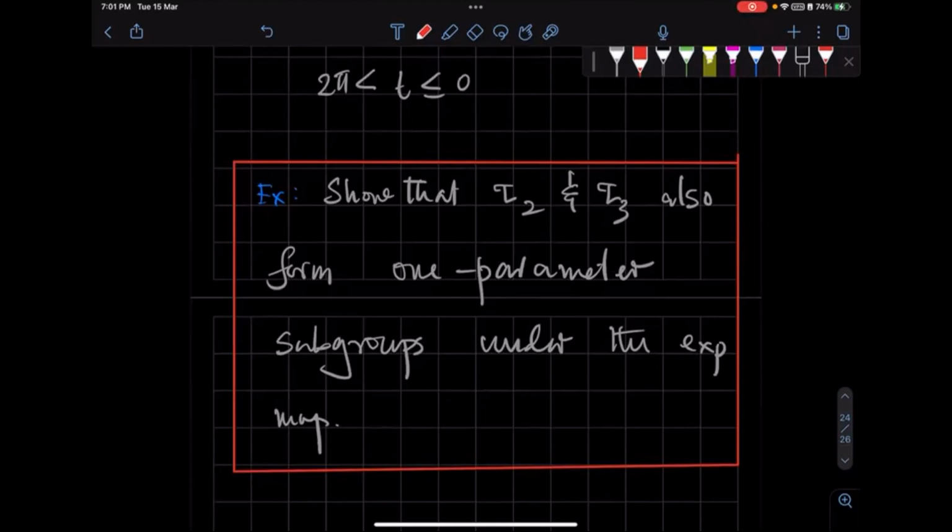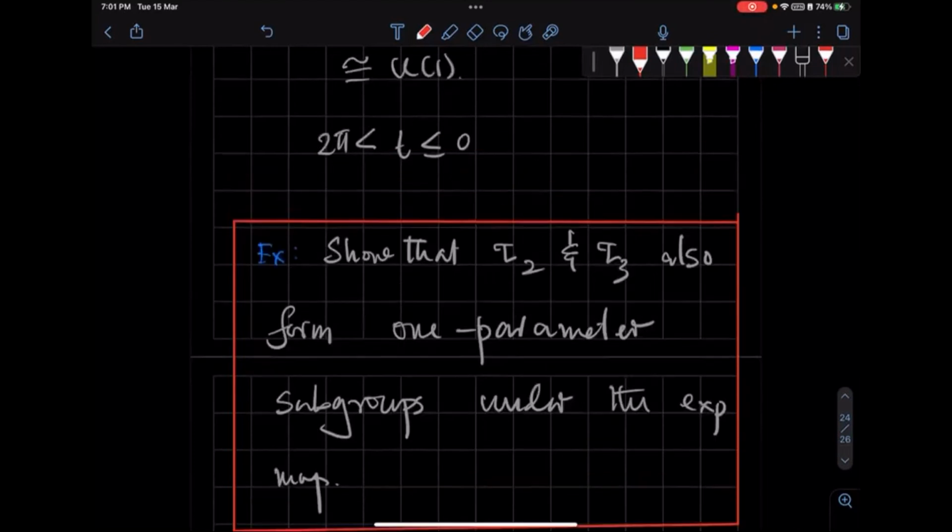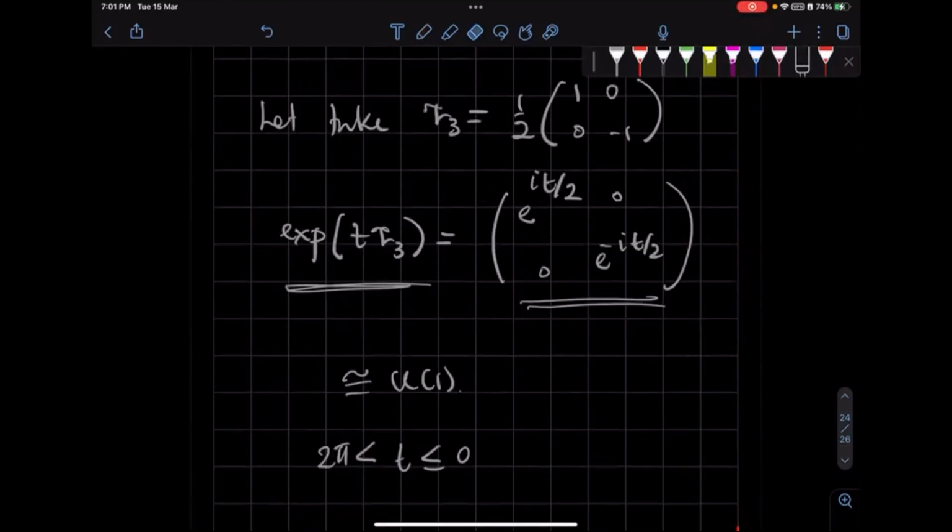But I can say something like, for example, here we have t, and you know that this is the exponential of something. You can use the Euler formula here, and then you can express this in terms of sines and cosines. So the map takes some representation of SO2 to another representation of SO2. I mean, this is the defining representation; it is not a different representation. We have not talked about the representation theory of SO2.